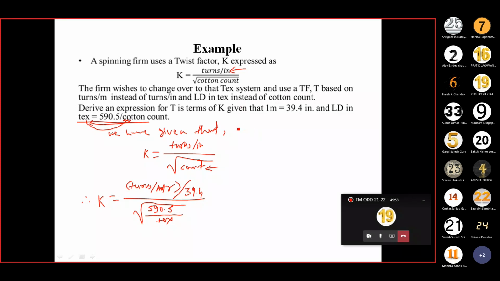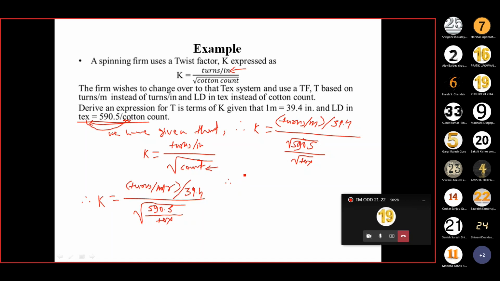Therefore K is equal to turns per meter divided by 39.4, divided by 590.5 divided by X. I can write it like this, this is a mathematical rule.